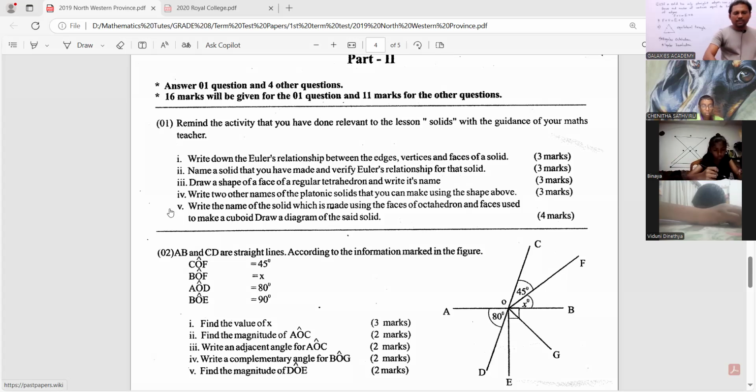You keep the fifth one. I will check the paper again. Okay, next day I will discuss it. I think it is a mistake here.